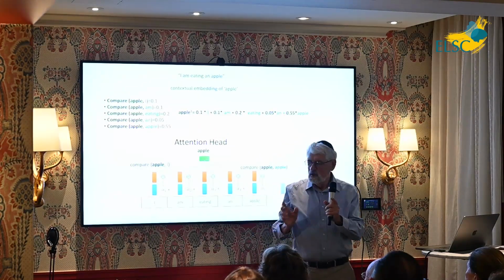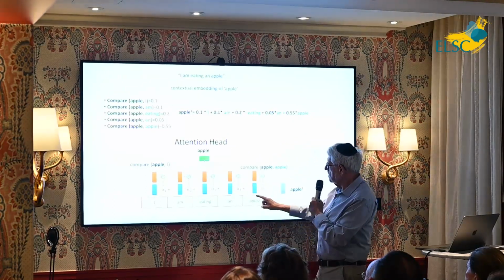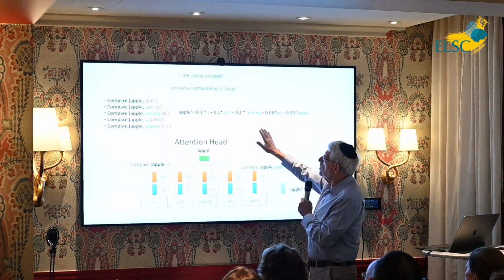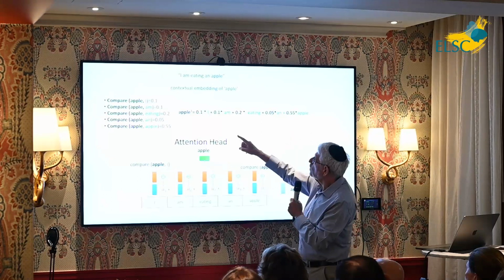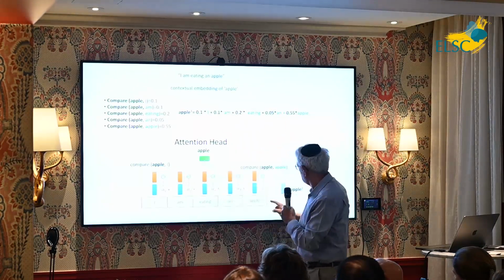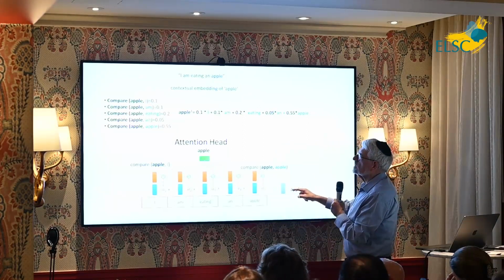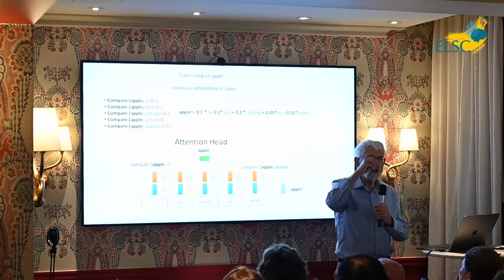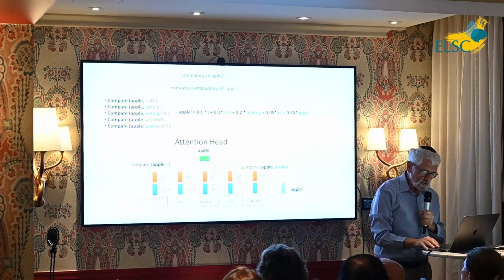So you start with some vanilla embedding of apple, and you end up with something completely different and completely contextualized, because the word apple in a different sentence will have a different representation at the end. So that's basically the atomic module of all these large language models.